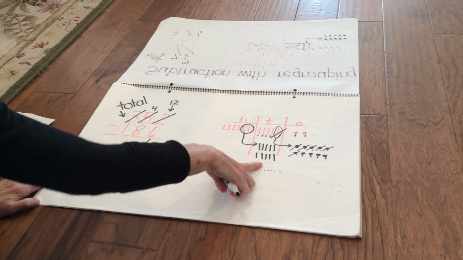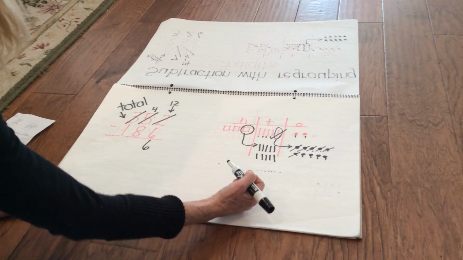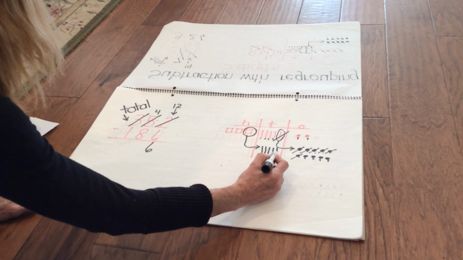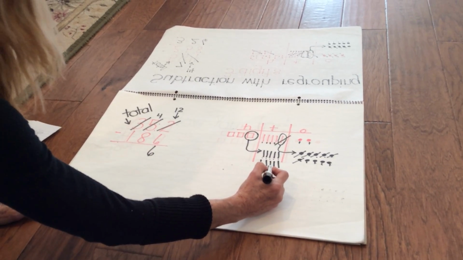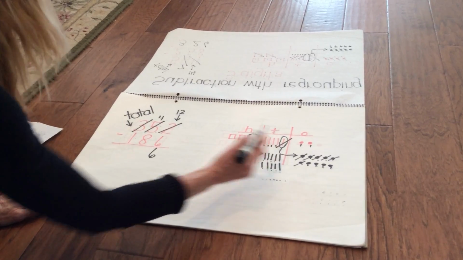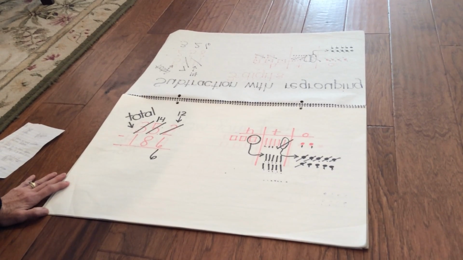Now I've regrouped my 1 hundred to 10 tens. And I have how many tens in my tens place? 1, 2, 3, 4, 5, 6, 7, 8, 9, 10, 11, 12, 13, 14. I now have 14 tens in my tens place.